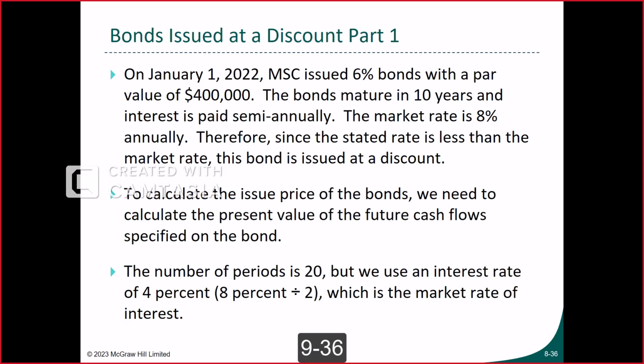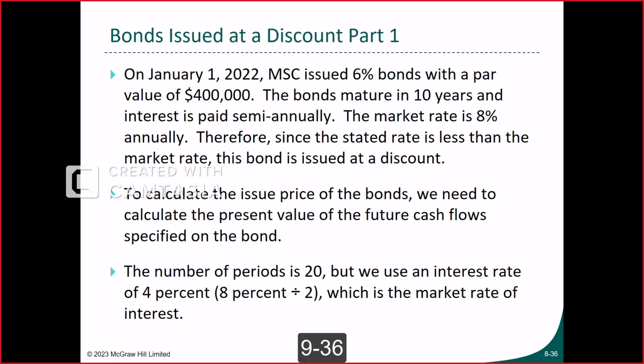That is the issuance date, the date of the issuance of the bonds, with a par value of $400,000. How do we call this apart from par value? The principal amount.